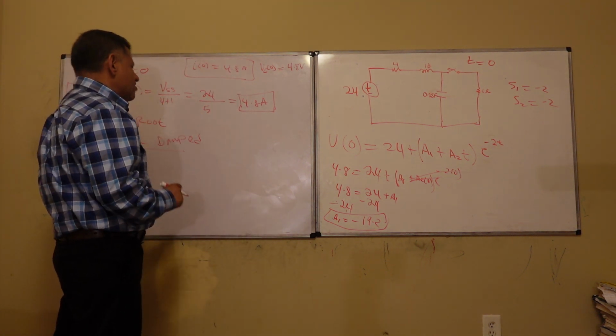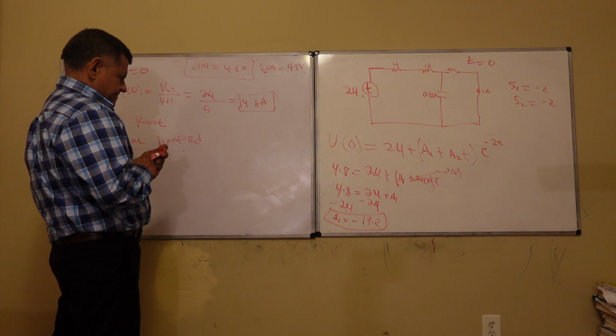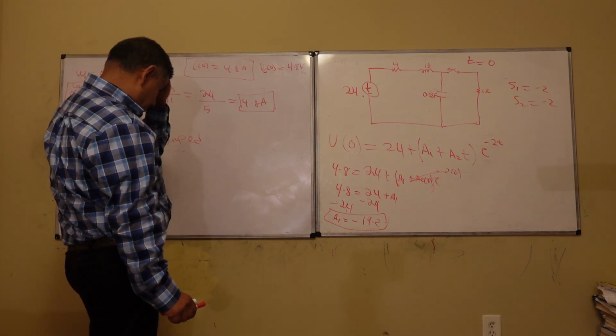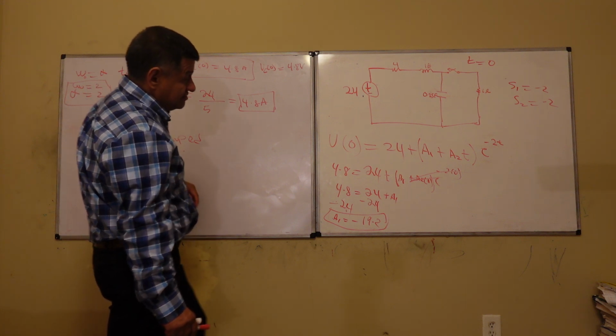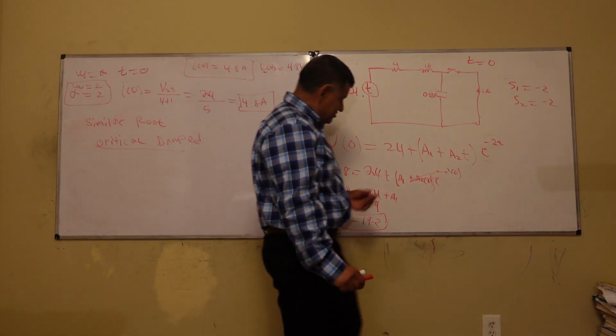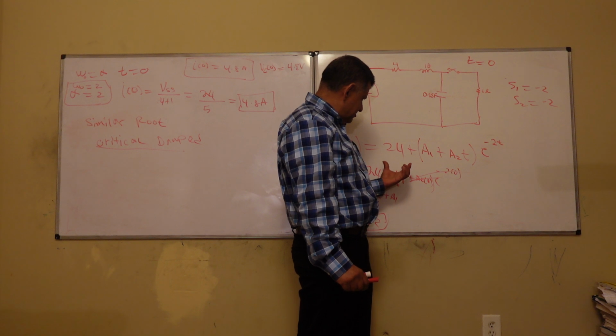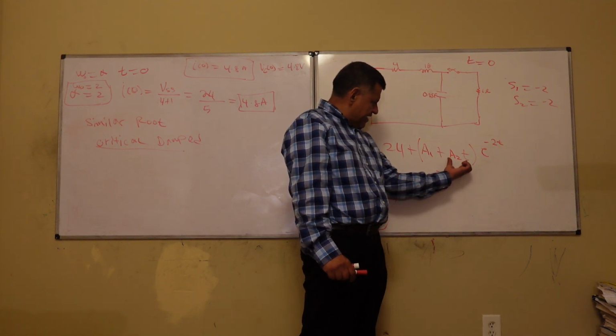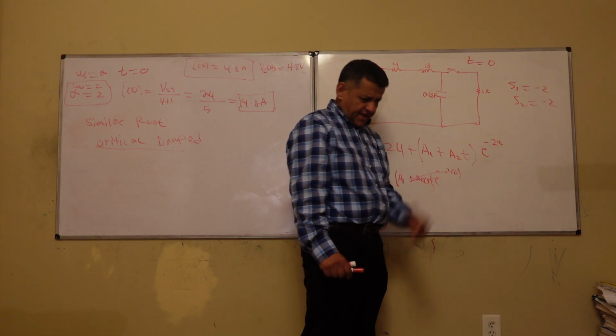So we have an A1, okay? Now, how do we find A2? So for A2, we have this guy right here, and we need to do something with that.